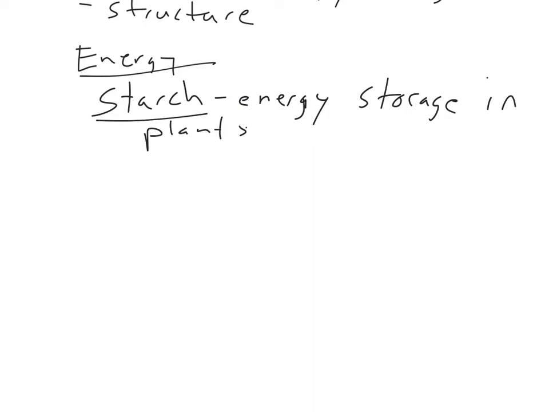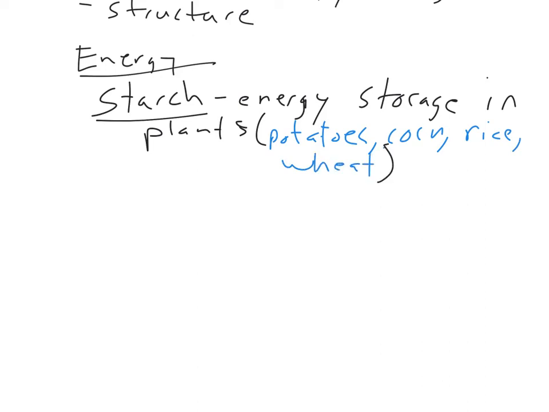What are some examples of starchy plants? Grain, potato, corn, rice, wheat. All of these things that we consider to be starchy foods have a lot of energy stored up in them.